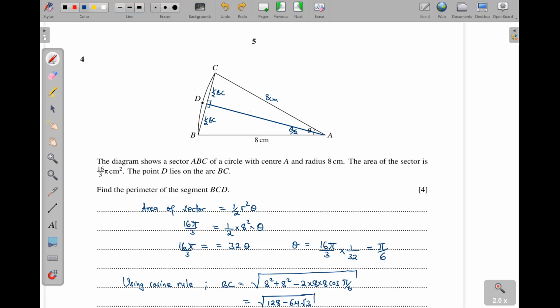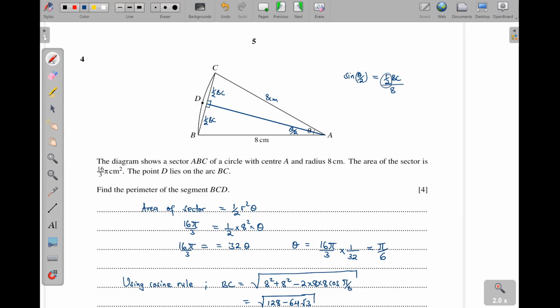Now, since this is a right-angled triangle, we can use SOHCAHTOA, right? This angle has the side opposite and the hypotenuse, so that will be sine. So we shall have sine of theta over 2 equal to the opposite, which is a half of BC, divided by the hypotenuse, 8.